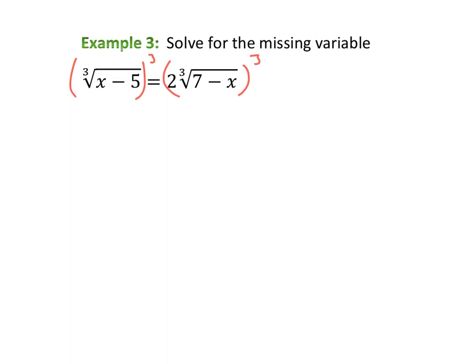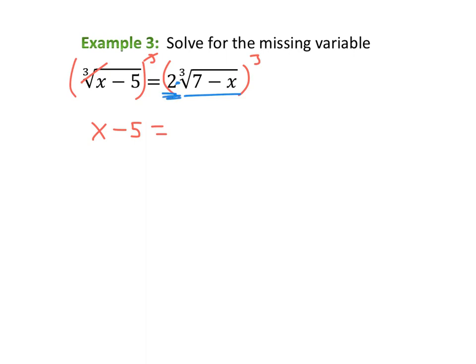When I cube the left side, the cube root and cubing go away, giving me x minus 5. To cube the right side, because there's two things multiplied together, the 2 and the cube root of 7 minus x, I have to cube both things.